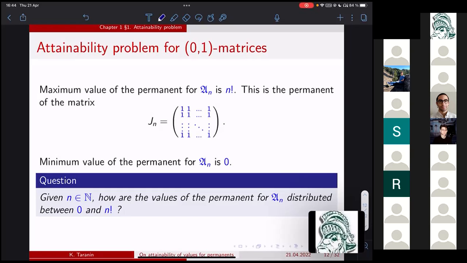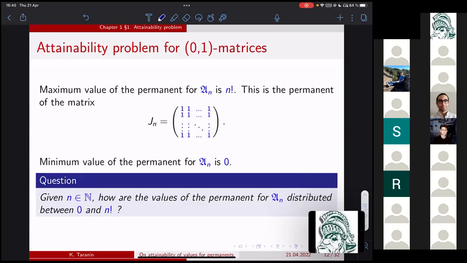So apparently for 0,1 matrices, it can be straightforwardly shown that the greatest value for a 0,1 matrix of order n is achieved on the matrix that consists of only ones, and this value equals n factorial. The smallest value is 0, and I've just described for which matrices it is attained.